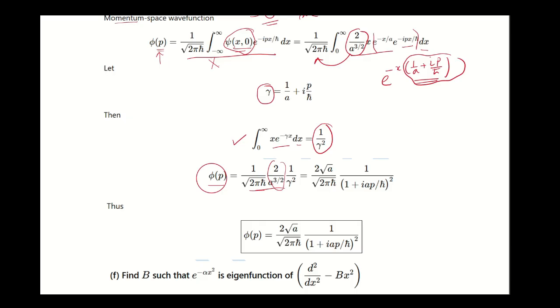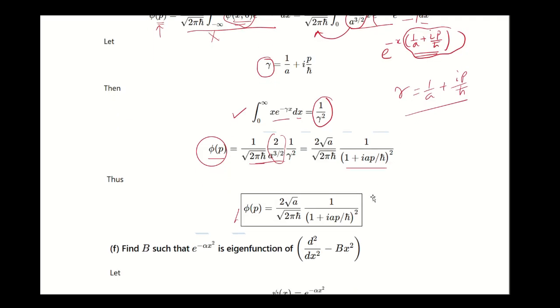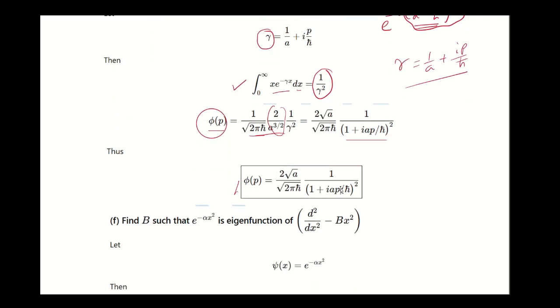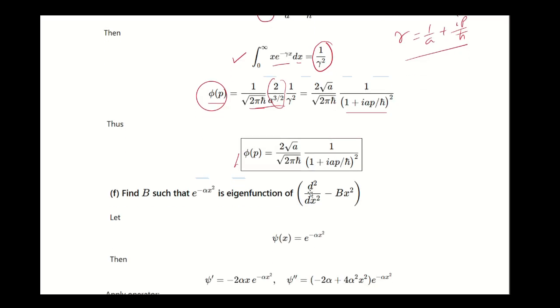Then we substitute the integration value here, 1 by gamma squared. So we take gamma as 1 by a plus iota p by h cross. After substituting this, we get this form. Then, after rearranging, we get the wave function in momentum space. So this is the general form of the wave function in momentum space.